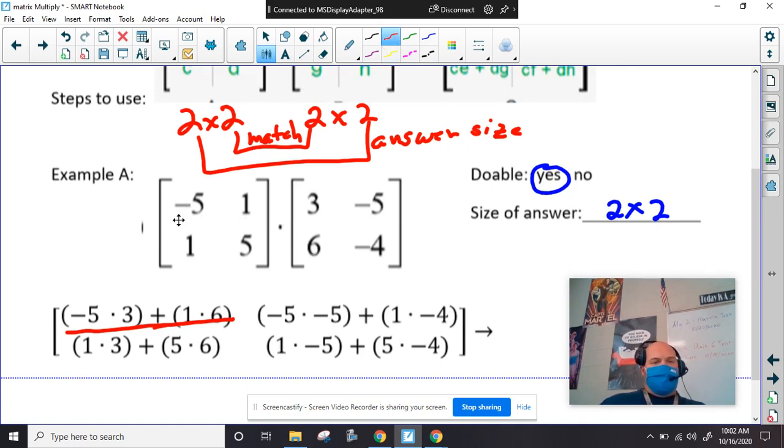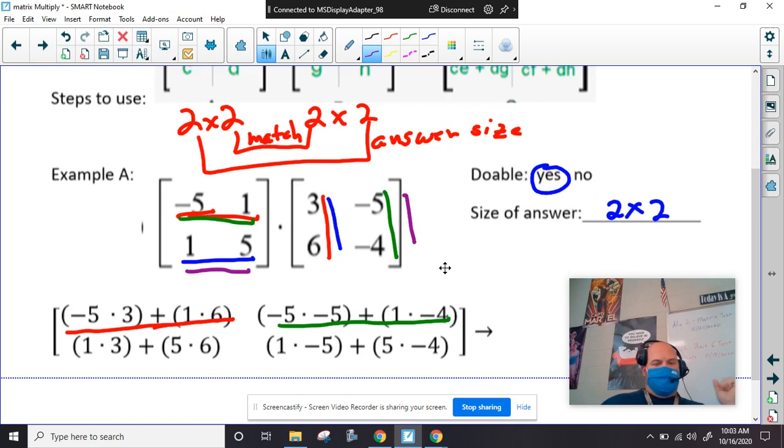That's why we had this times this. So it's -5 times 3 plus 1 times 6. And it just keeps going on that same pattern. This one is in the first row, second column. So we have the first row and then the second column. And it goes on. This is the second row, first column, and the second row, second column.